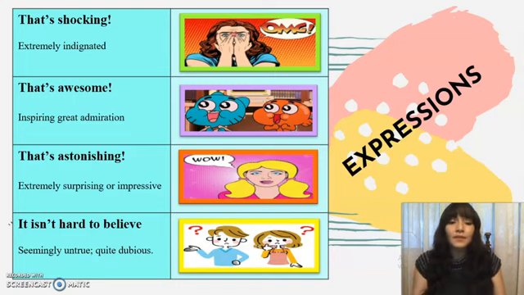And finally, we have "it isn't hard to believe." So that means that it's quite doubted, so we don't really believe that news could happen. So those are the expressions that we can use. That's shocking, that's awesome, that's astonishing, and it isn't hard to believe.